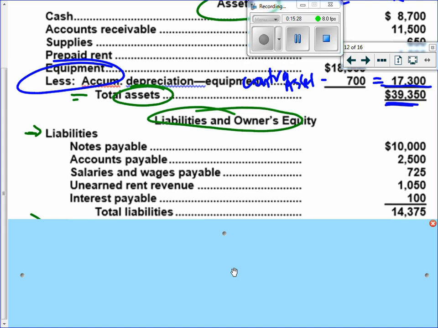I see the words payable, payable, payable, payable, but then remember this unearned rent revenue is one of the liabilities. We owe prepaid rent available to the people who gave us money. We just have to fulfill the work.